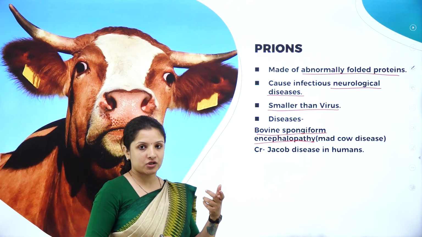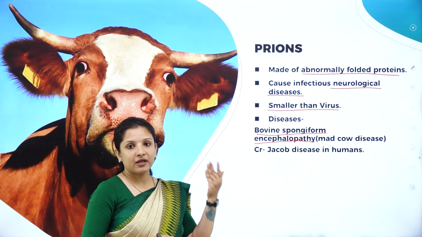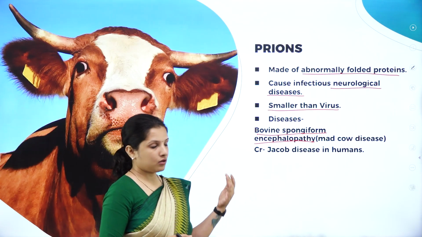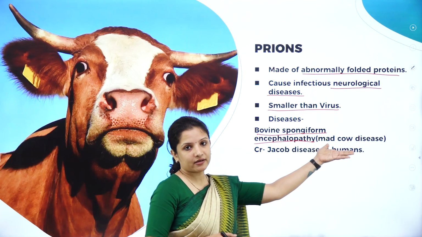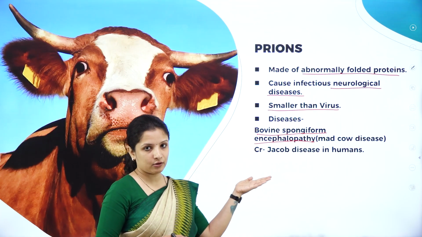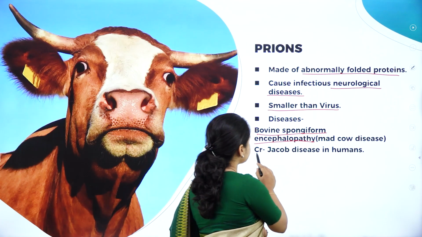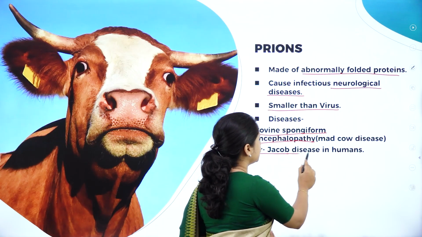Because it is a neurological condition, it affects the brain, and the cow will start to behave in a different way. That is why it is also called mad cow disease or bovine spongiform encephalopathy. This is actually a precursor of Creutzfeldt-Jakob disease in humans.